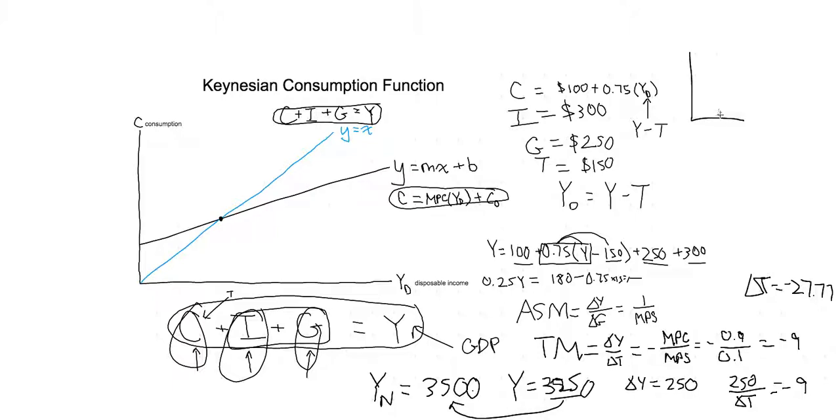How we want our aggregate demand to shift to the right in order for our long run aggregate supply, which is this vertical line here, to go from a recessionary gap to no gap, to long run equilibrium. Okay, so this is the entire purpose of why we're doing this.